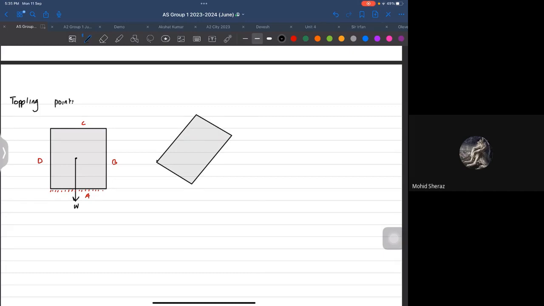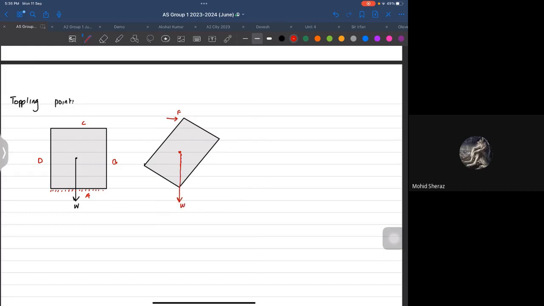So if you apply a force right here and you bring it to this position, now the center of gravity is going to pass through this point, which is the edge between A and B. So you do not need to do any work after that. The object is going to fall or topple on the side B. This is what toppling means. It's going to automatically just fall on the other space.